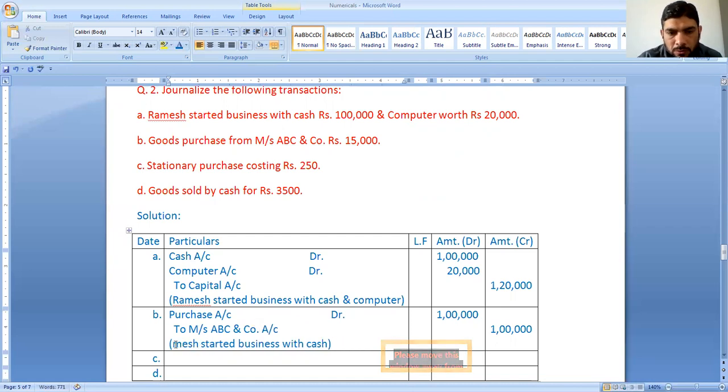We can write over here goods purchased from Messrs ABC and Company. And the amount is 15,000.